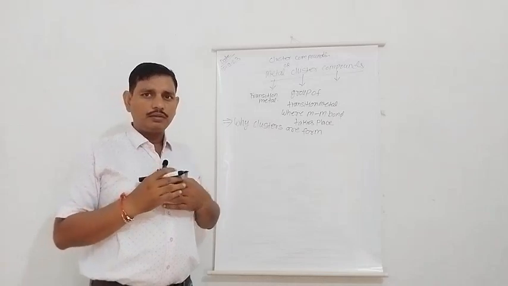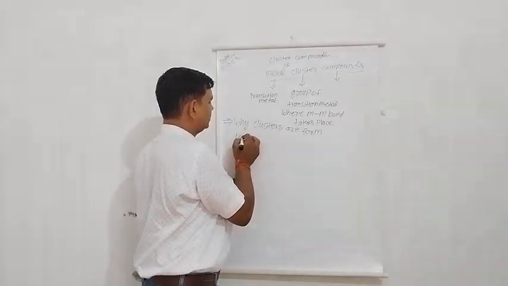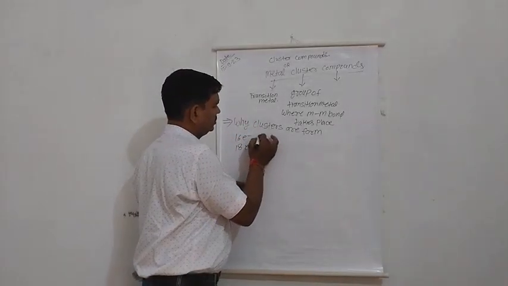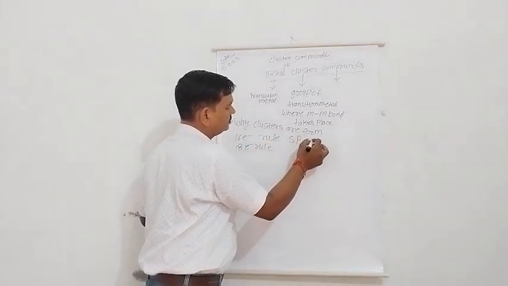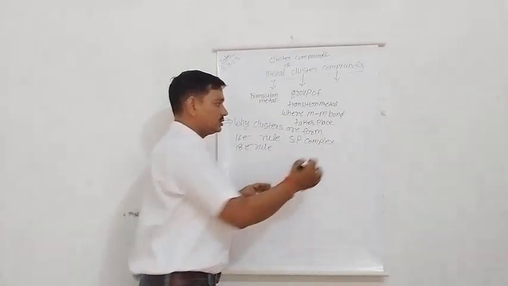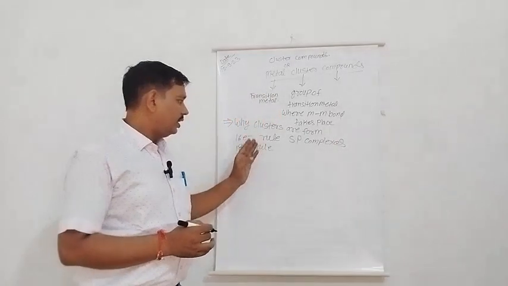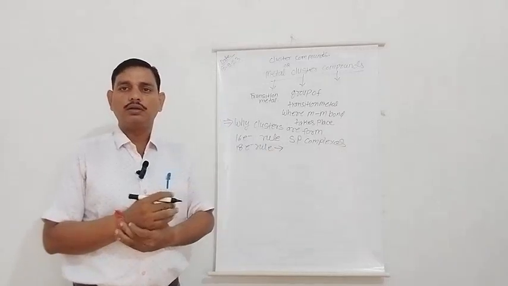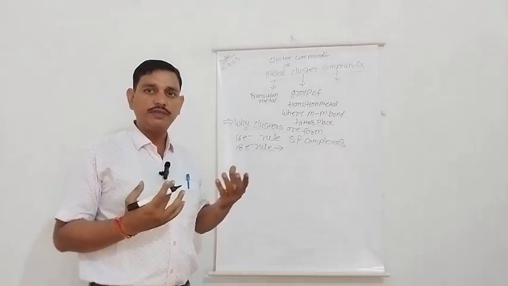You know very well, in previous classes we have already discussed the 16 electron rule and 18 electron rule. 16 electron rule for square planar complexes, and 18 electron rule, where we get all the compounds in the form of this table.